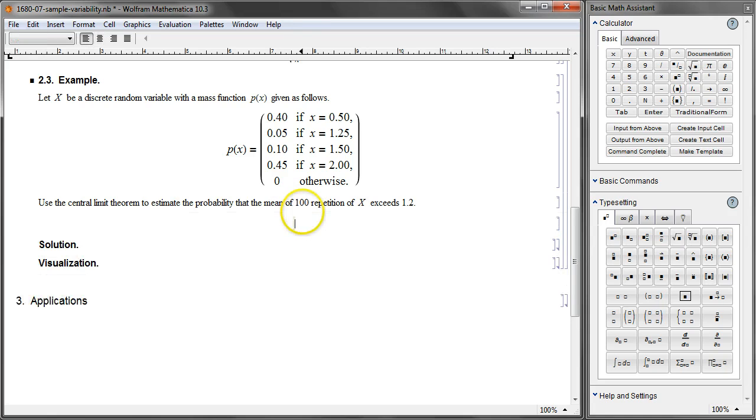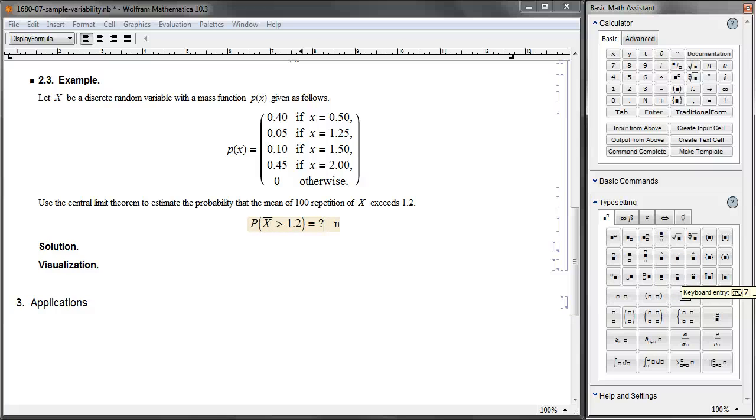Basically, it is asking something like this: the mean of 100 repetitions of x exceeds 1.2, when n is 100. That's basically what you have to do.